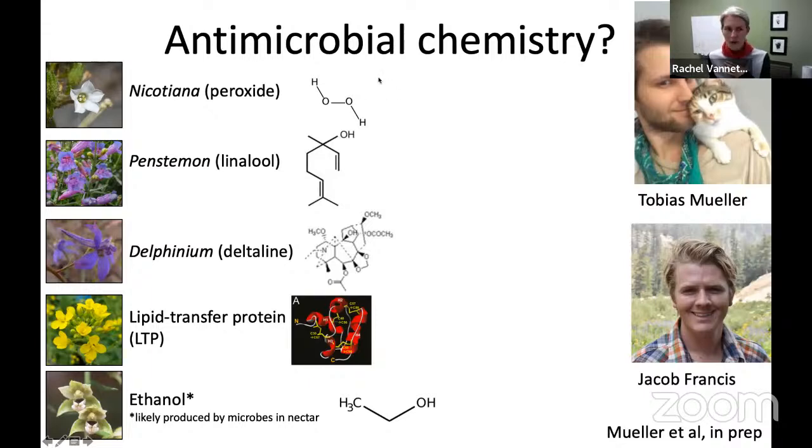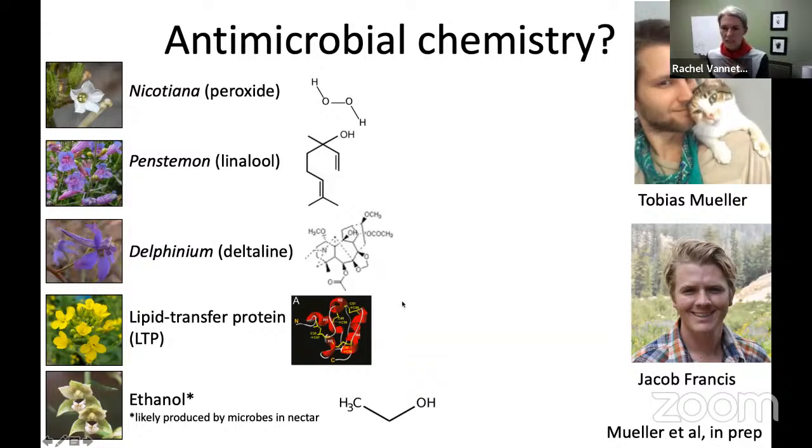Things like peroxide from Nicotiana, and linalool, one of the floral volatiles frequently characterized from many different plant species, but certainly from penstemon. There are some alkaloids that are frequently found in nectar. We used delphinine, which has been isolated from delphinium.